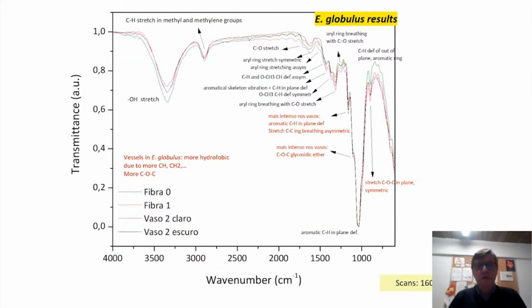And here we have the general diagrams and analysis. In the general conclusion, we have the different points which are marked and can be seen in detail in our paper. And what you can see is that vessels in globulus are probably more hydrophobic due to more CH, CH2, and more C-O-C.